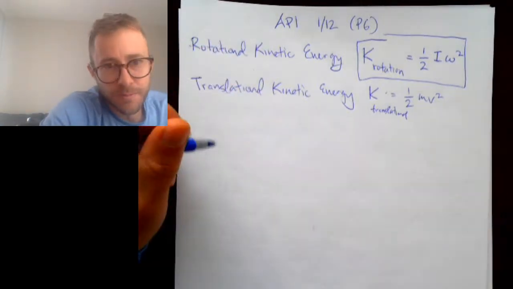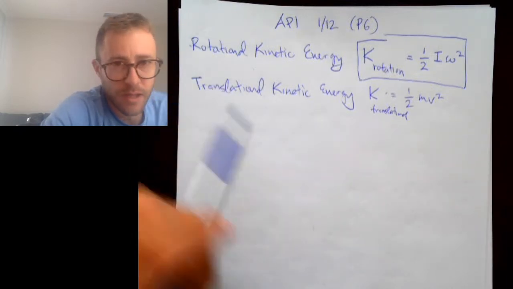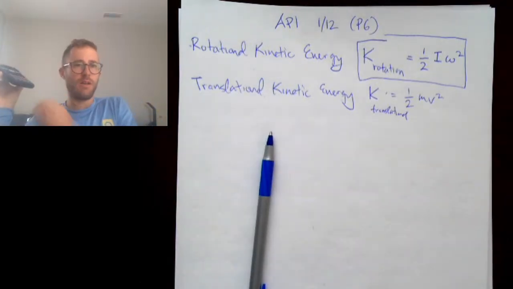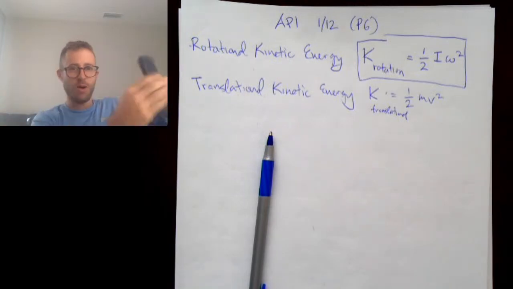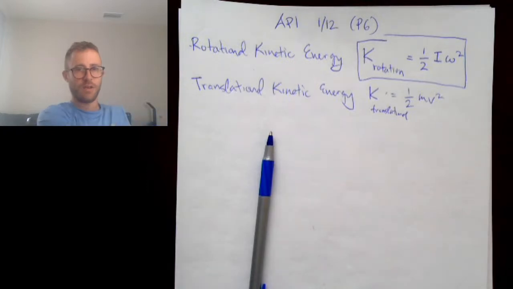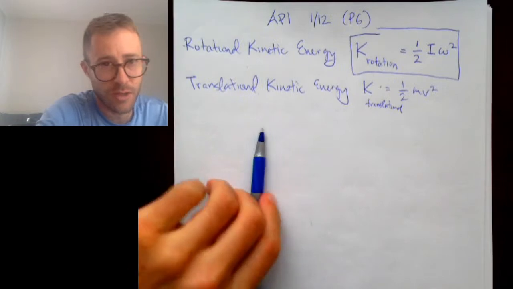It's possible to have both forms of kinetic energy simultaneously. How could that happen? Well, what if I throw my calculator, and when I throw it, it's spinning while it goes from point A to point B. So it's going like this. You have both translational and rotational kinetic energy.